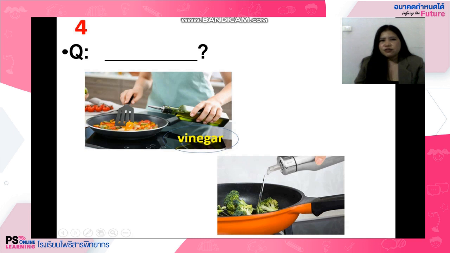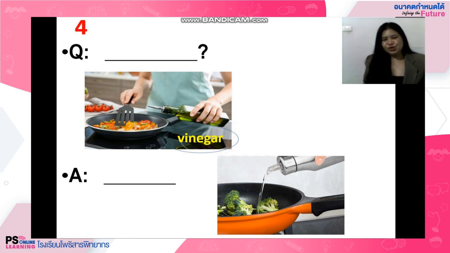For number 4, you have to write a question and answer. Here I put vinegar. What is vinegar? Vinegar in Thai, I think, is nam som sai chu. I'm not sure. Anyway, it's vinegar. It's sour.